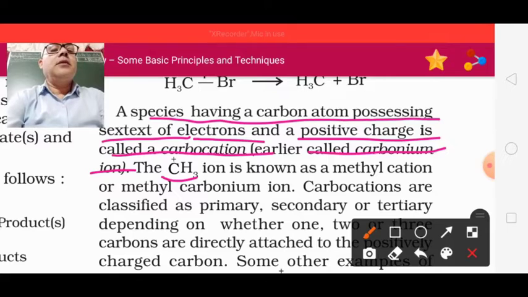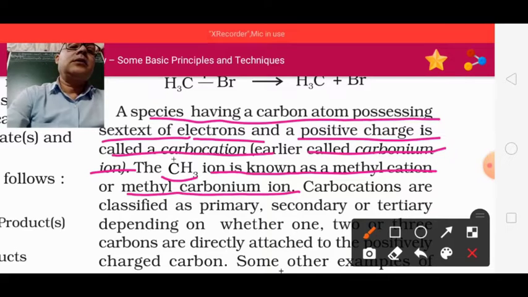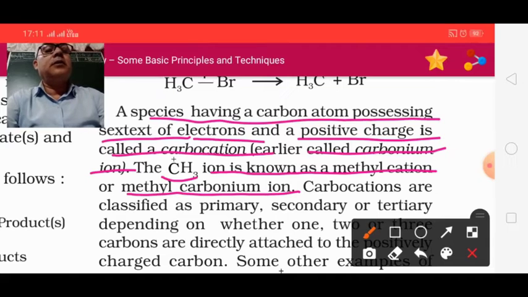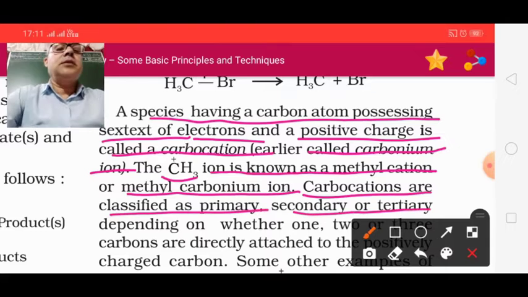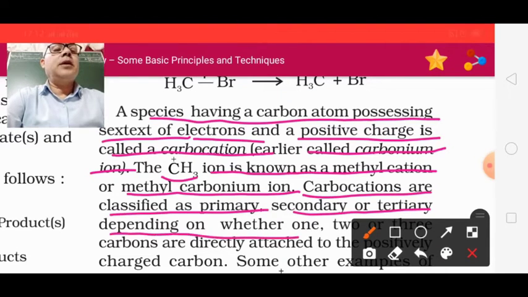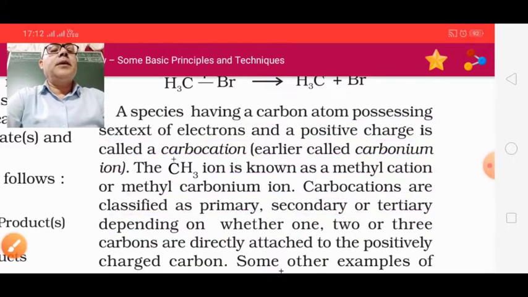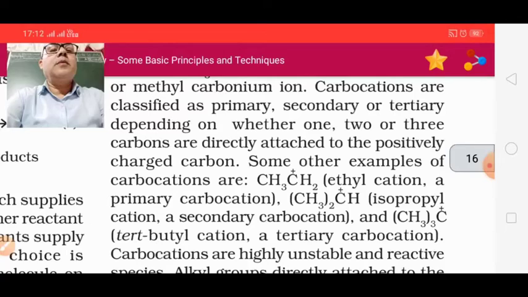This ion is known as the methyl cation or methyl carbonium ion. Carbocations can be classified as primary, secondary and tertiary depending upon the number of alkyl groups attached to the carbocation.